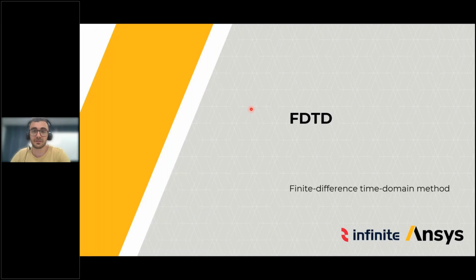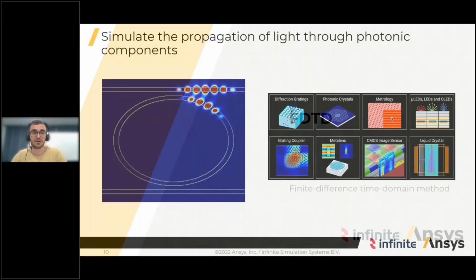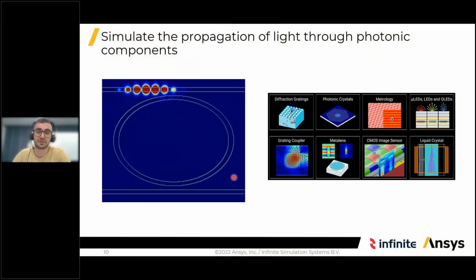First of all, FDTD. FDTD stands for finite difference time domain method, and this is the Maxwell equation solver of Lumerical. So it solves the Maxwell equations, and like that, it shows how light propagates through some structures. Here you see an example of a so-called ring resonator.